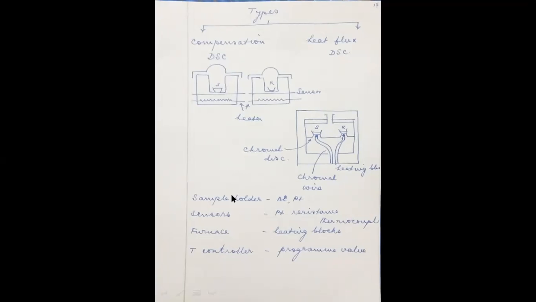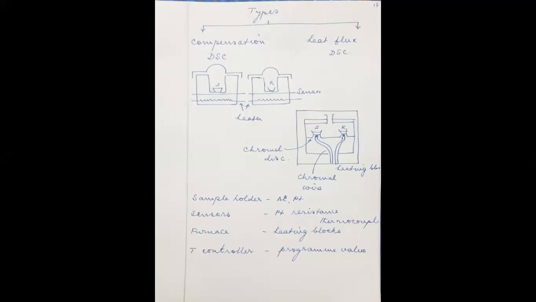Now, the substances from which the sample holder can be made are aluminum and platinum. Normally, the substances chosen are supposed to have the following characteristics. Number one, they should withstand a high temperature.